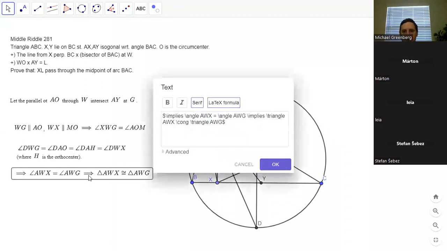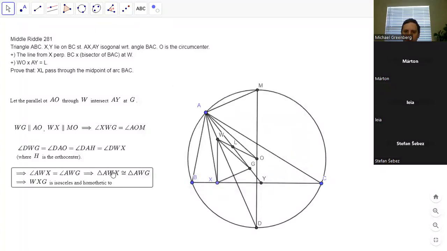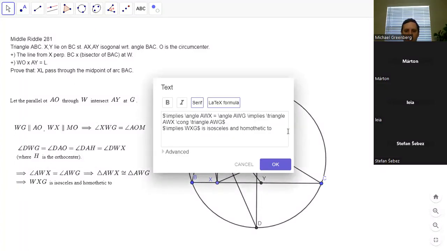And that implies WXG is isosceles and homothetic to triangle MAO.